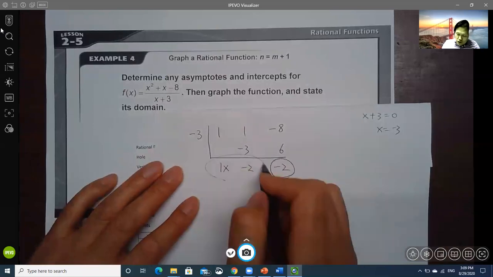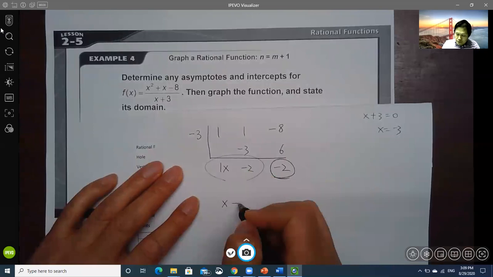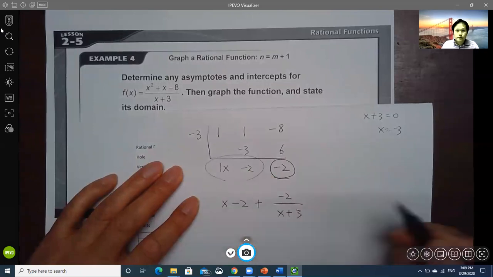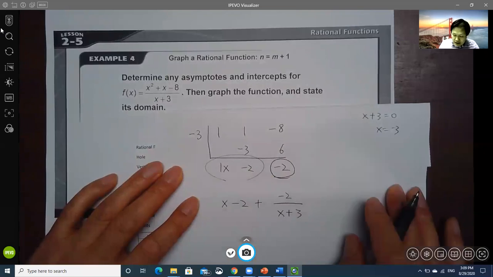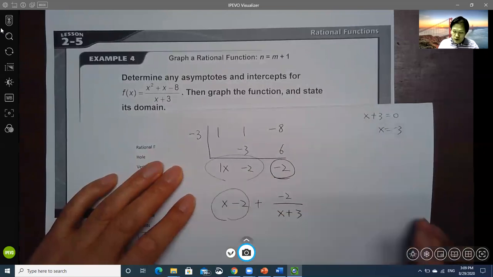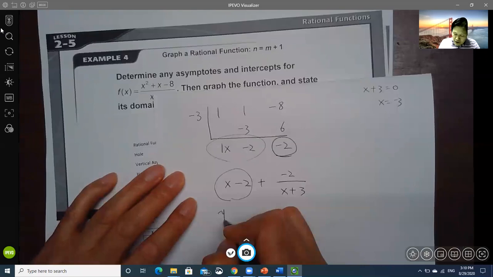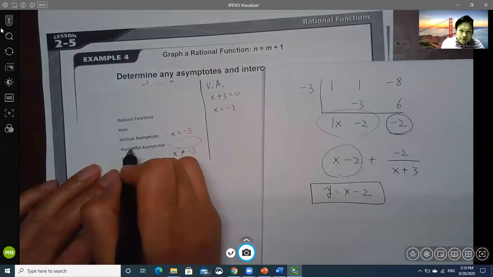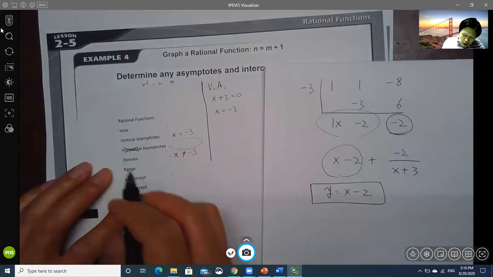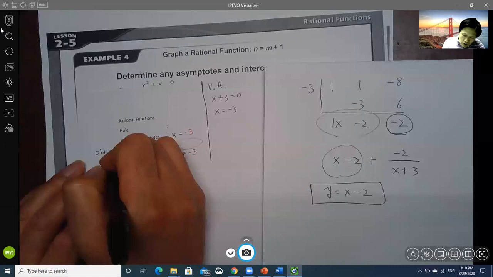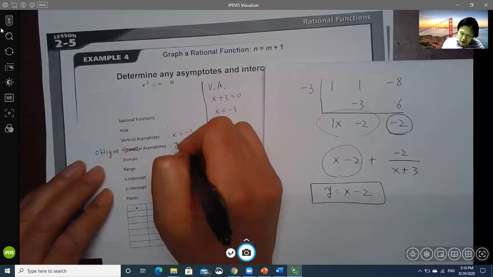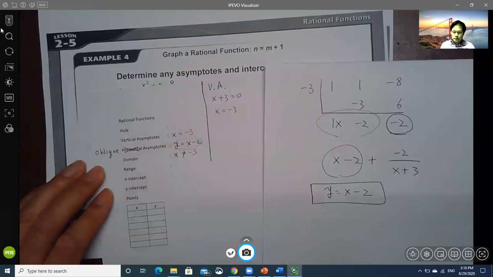That's your quotient: x minus 2 plus minus 2 over x plus 3. This quotient, y equal to x minus 2, is going to be your oblique asymptote. So we don't have a horizontal asymptote here, but we have an oblique asymptote, whose equation is y equal to x minus 2.